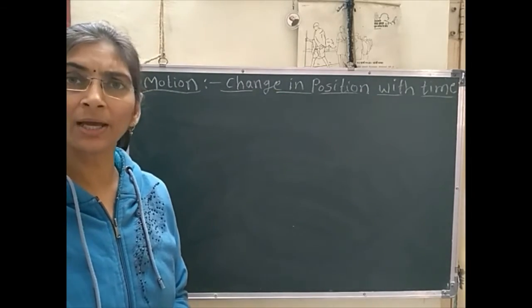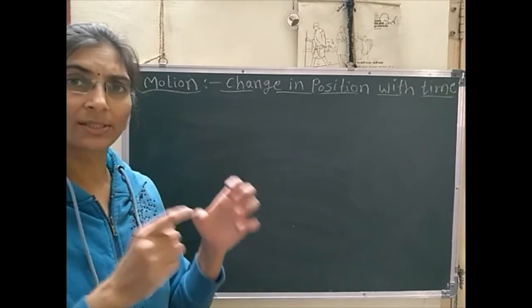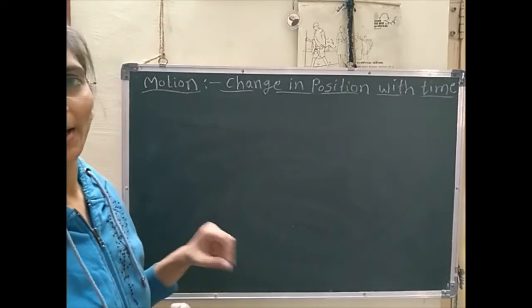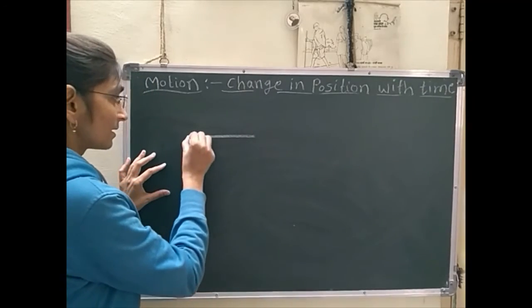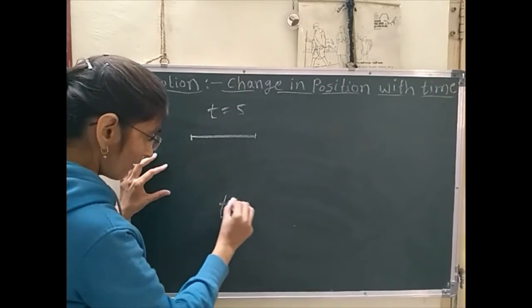कभी कभी ऐसे होता है कि टाइम सेम ही होता है लेकिन जिसका एनर्जी ज्यादा होता है वो डिस्टेंस ज्यादा ट्रेवल करेगा, है ना. तो suppose time is 5 minutes. Here also time is 5 minutes.